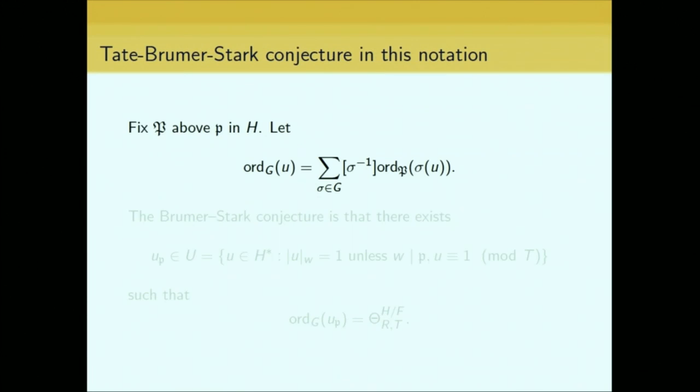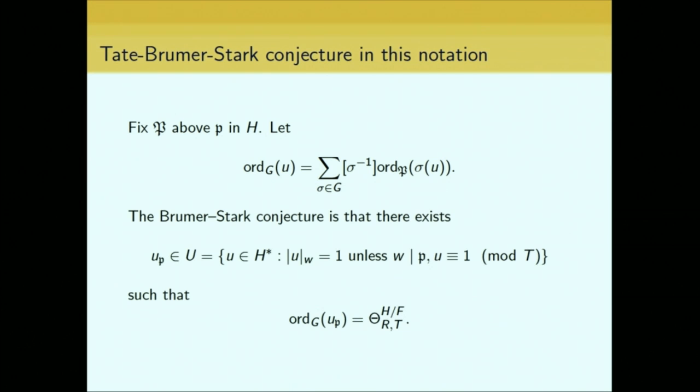Okay, so you can state the Brumer-Stark conjecture in this notation, which is you fix a prime above P in your field, which is a capital Gothic P, and so you define ord sub G of a unit to be, well, you take the valuation of all the conjugates, and that's the coefficient of the corresponding group element.